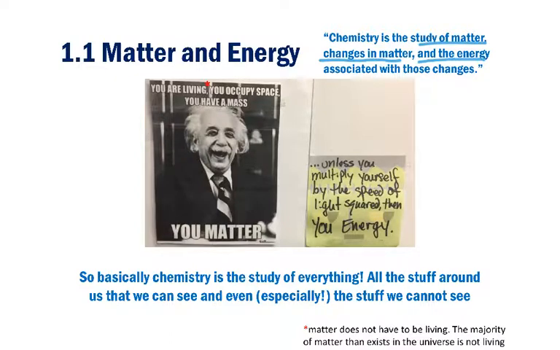But again, we said basically chemistry is the study of everything. All the stuff around us that we can see, and even the stuff we cannot see, especially the stuff we cannot see, is matter. So with that in mind, let's jump to just a couple of words, what they mean.